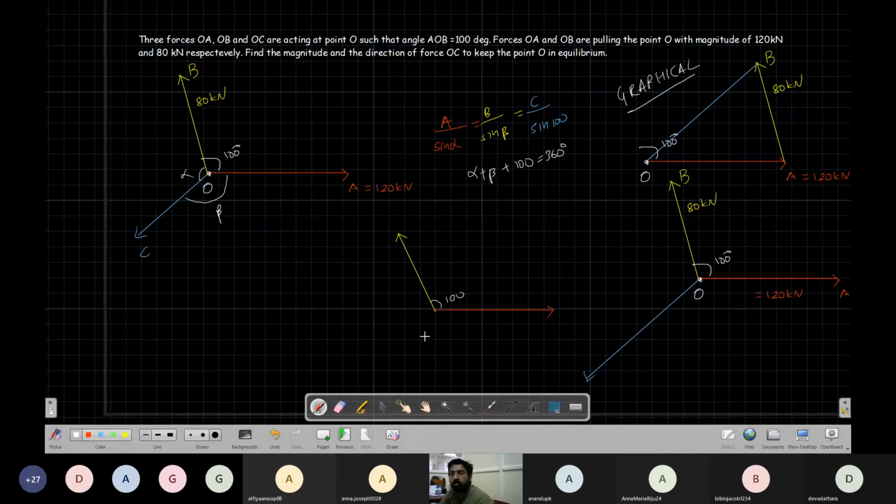100. Okay, so there are two forces. What is the resultant of the forces? This is the resultant, this is the first force, and this is the second force. You can use the parallelogram rule. This is 120 kilonewton.